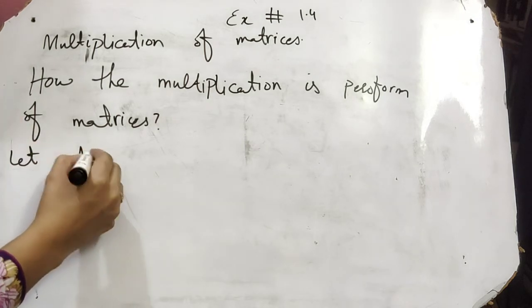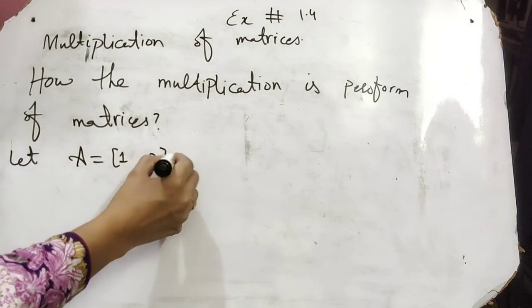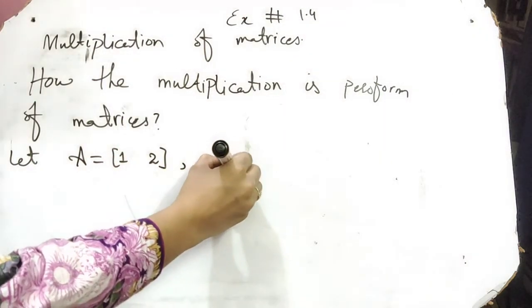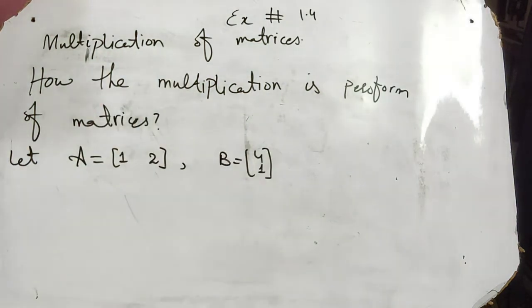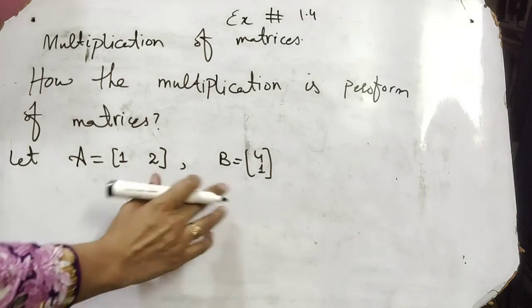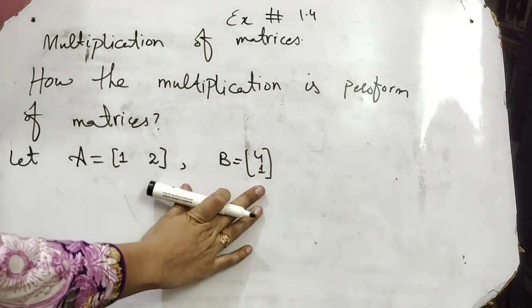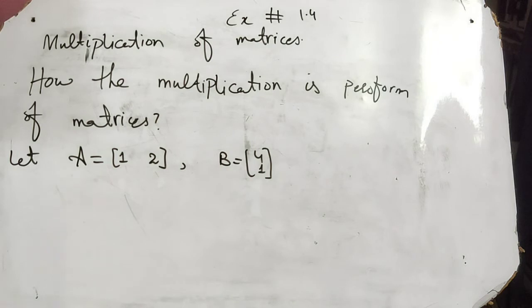Let A be equal to 1, 2 and B be equal to 4 and 1. The first condition is that the number of columns of matrix A is equal to 2 and the number of rows of matrix B is equal to 2. So both are the same, so the multiplication can be done.